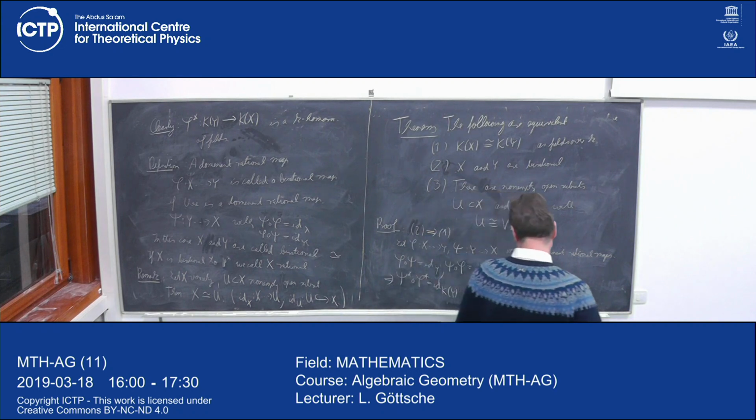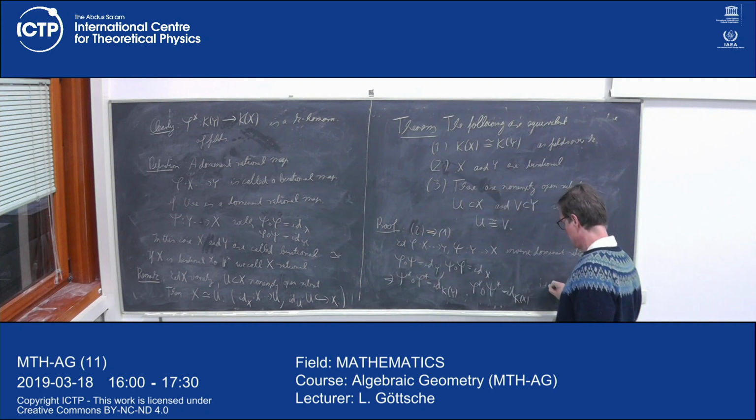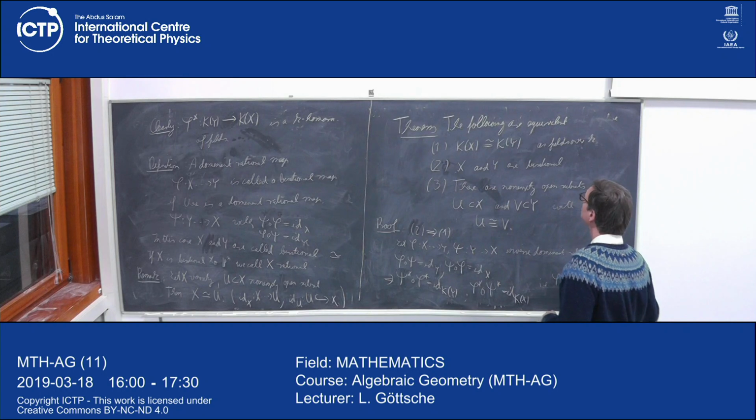So that means phi star from K(Y) to K(X) is an isomorphism.